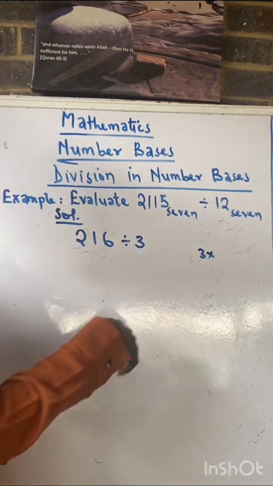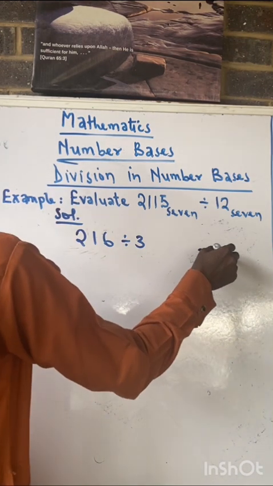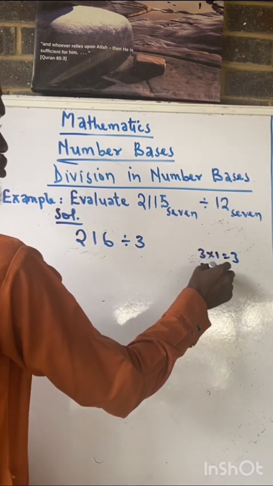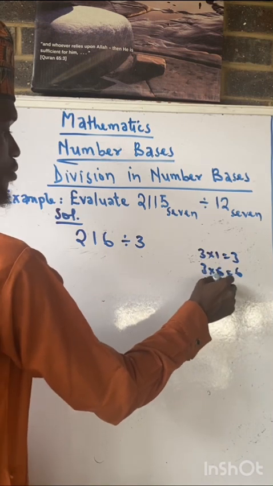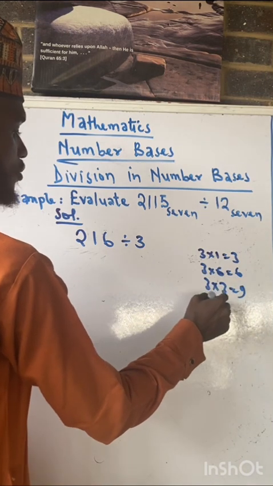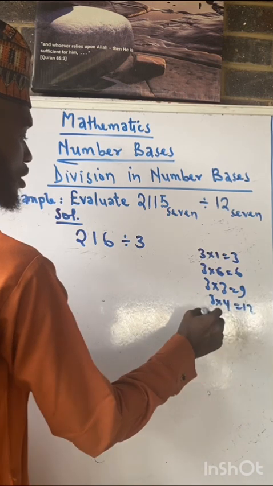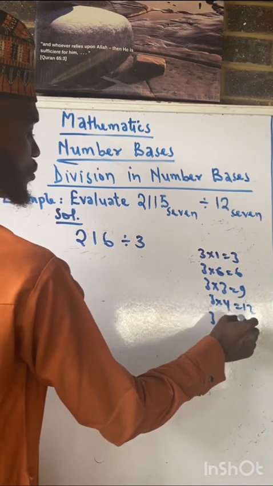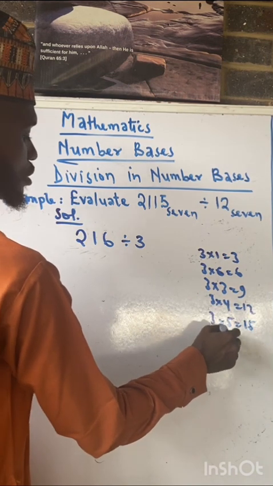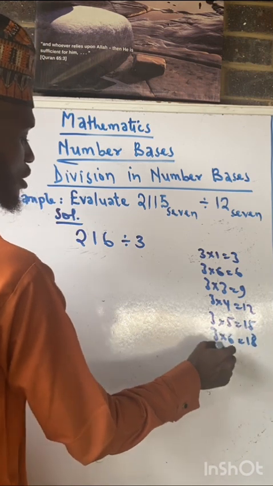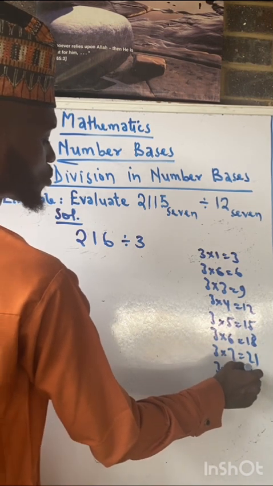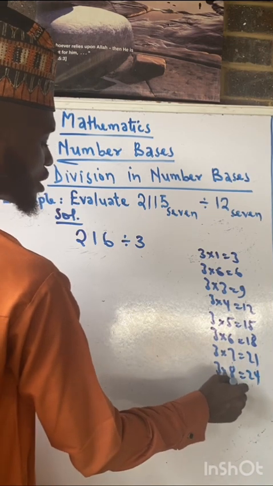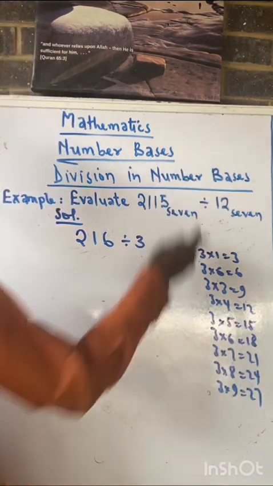Now we are dividing by 3, so we need the 3 times table. 3 times 1 is 3, 3 times 2 is 6, 3 times 3 is 9, 3 times 4 is 12, 3 times 5 is 15, 3 times 6 is 18, 3 times 7 is 21, 3 times 8 is 24, 3 times 9 is 27, and so on.